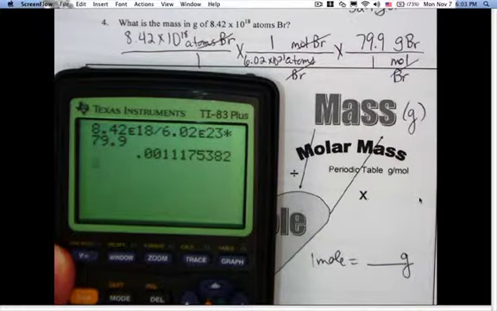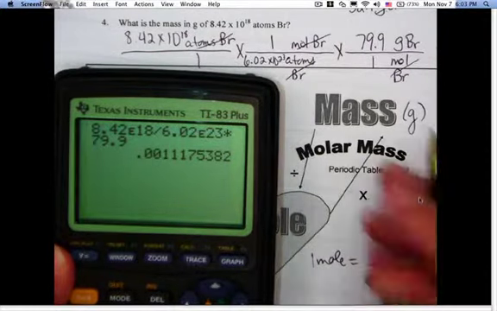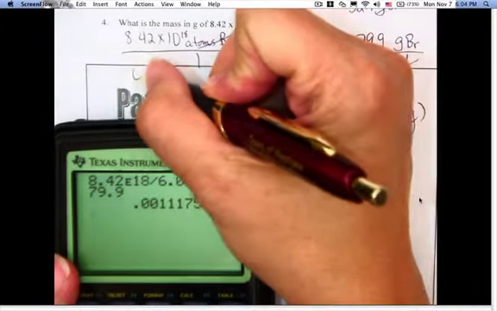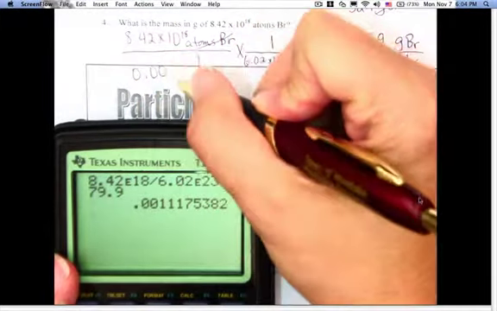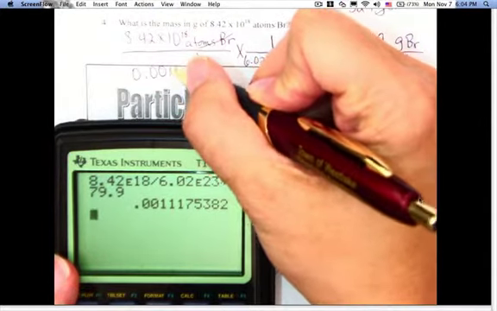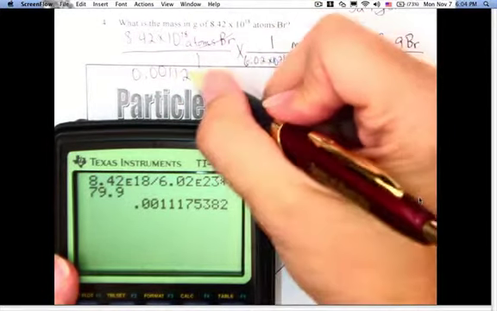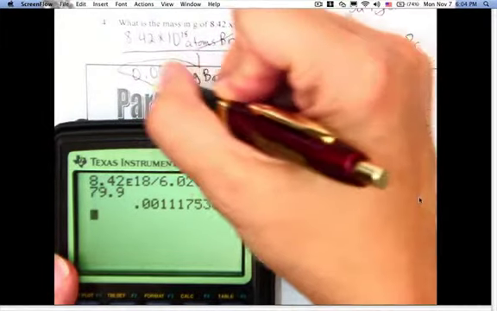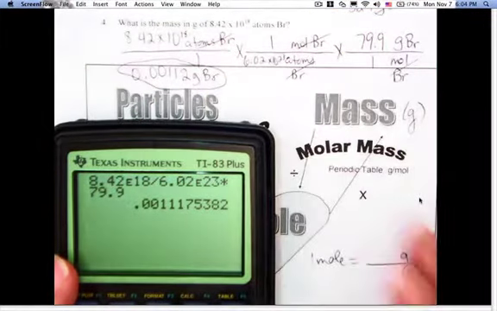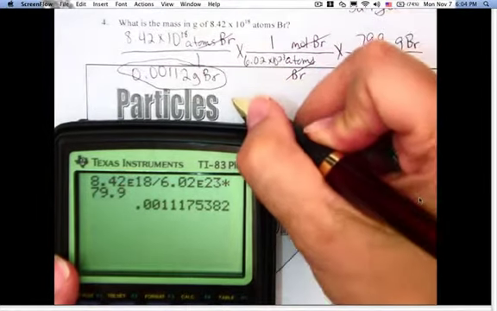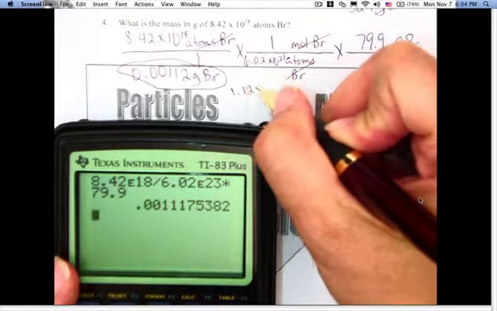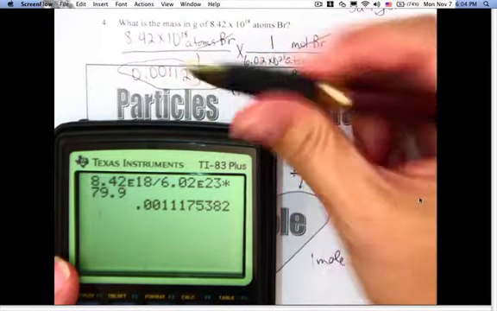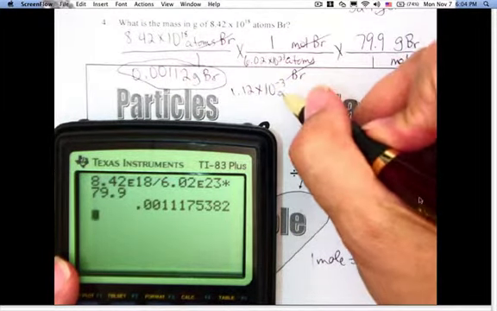I need 3 sig figs in my answer. So this answer is going to be 0.00112 grams of bromine. Remember, zeros in the front don't count for sig figs. Or you could write it, if you wanted to, as 1.12 times 10 to the minus 3 grams of bromine.